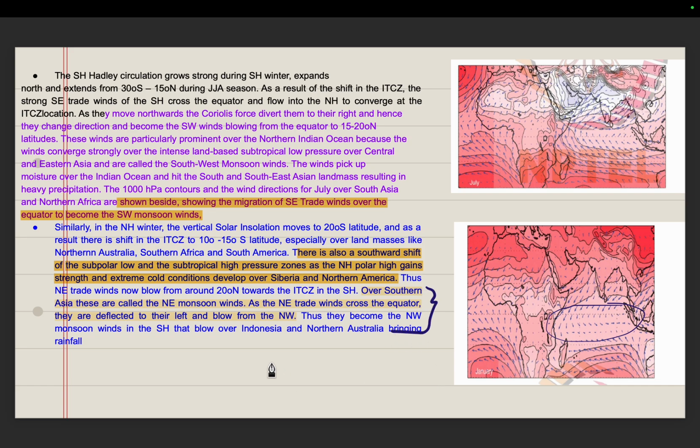Thus, they become the northwestern monsoon wind in the southern hemisphere that blows over Indonesia and northern Australia, bringing rainfall in those regions.